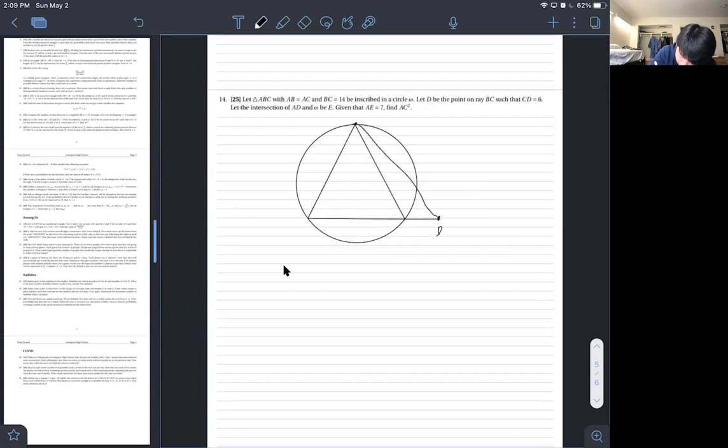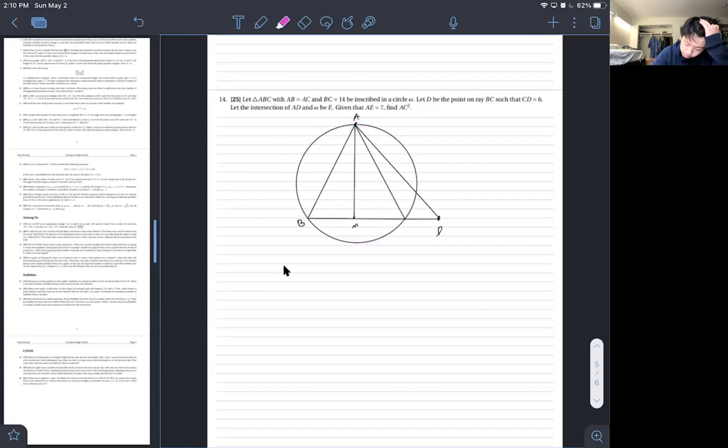And I'll finish up the diagram. Okay, so here's our diagram. Let triangle ABC, this is ABC, with AB equals AC be inscribed in a circle. That circle is called omega.